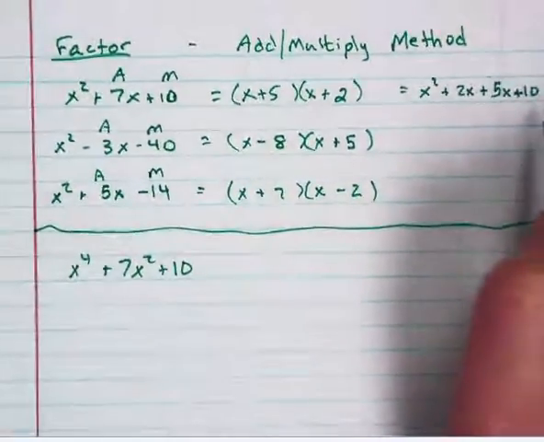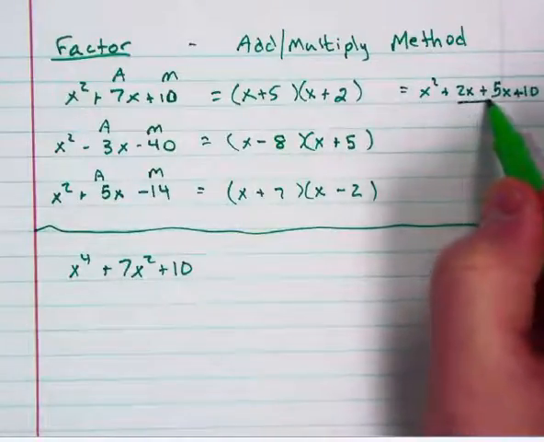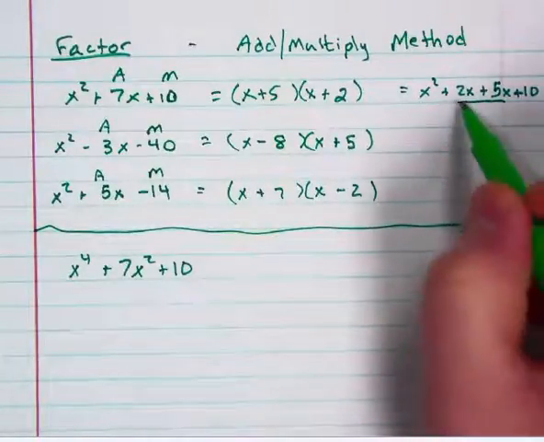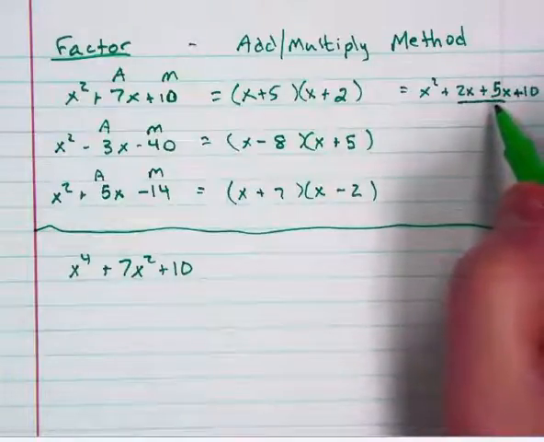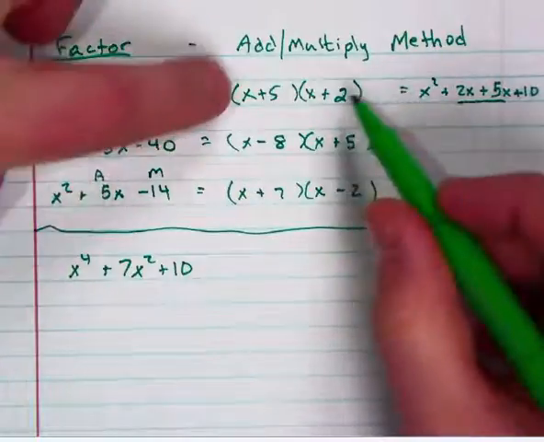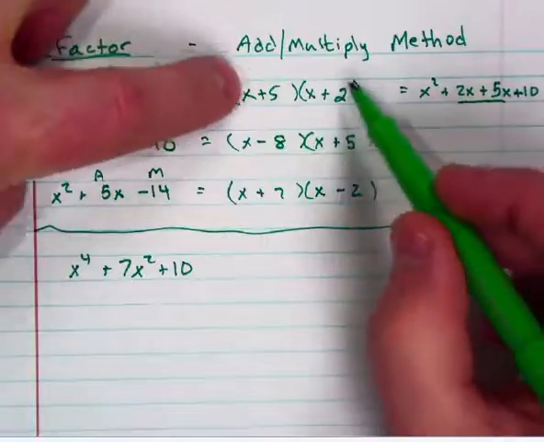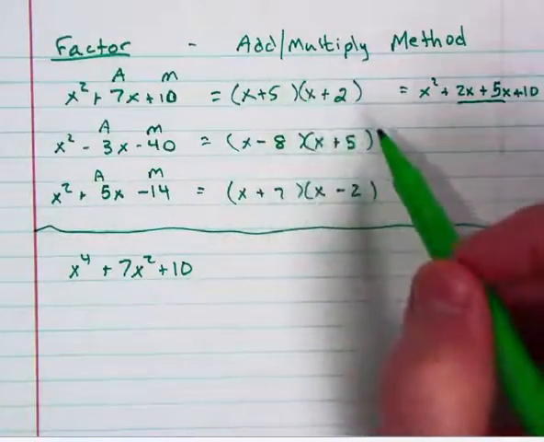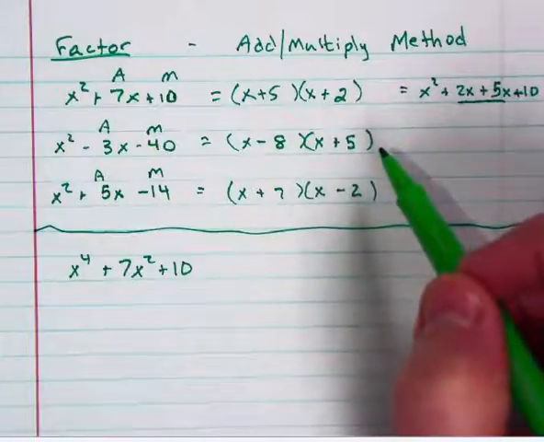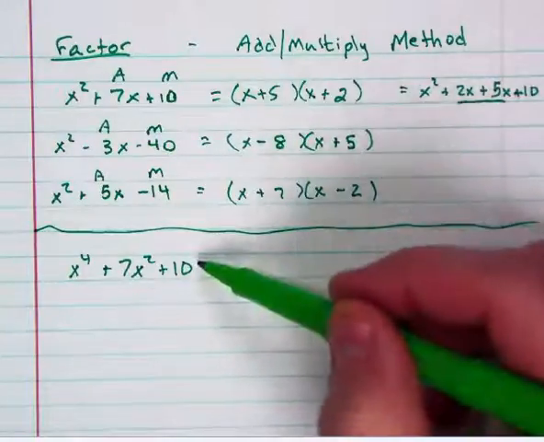And then of course keeping in mind that these two things go together. So why do those go together? They ended up being like terms. And when I multiplied the x times the 2, I got 2x and there's 5x. But when I multiplied x times x, I got x squared. All of those ideas factor into being able to do this.